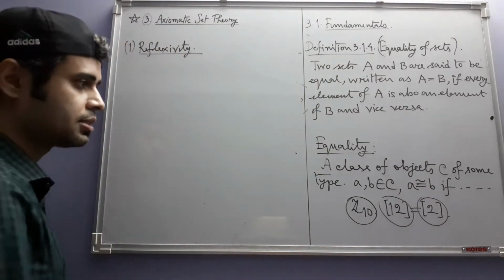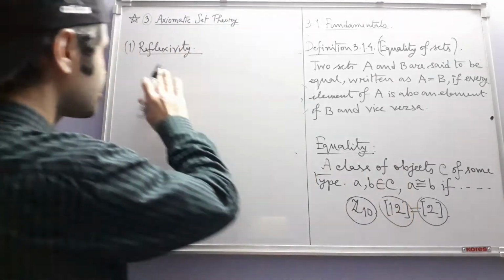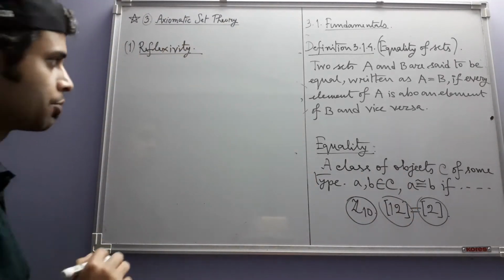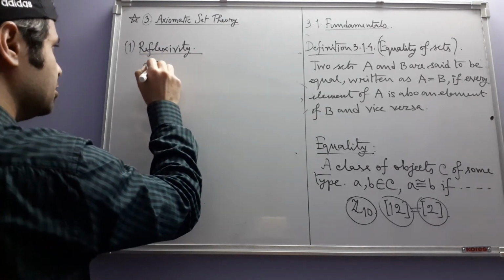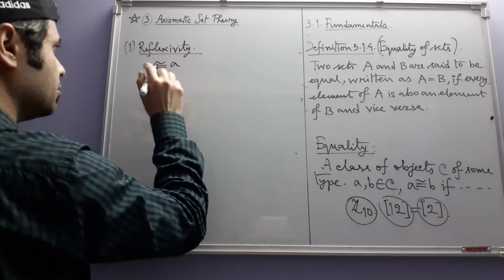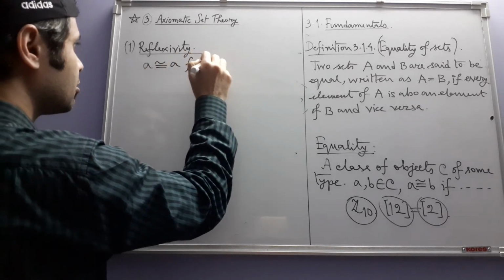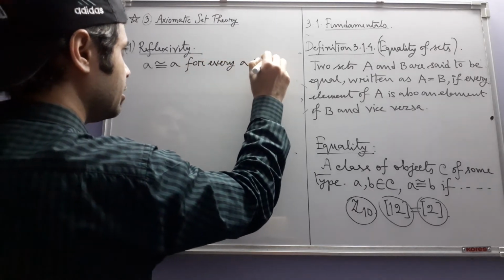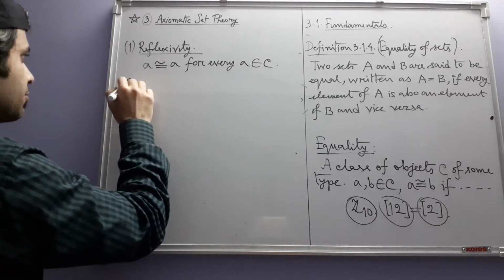So this is some definition of equality. Whatever it is, it must satisfy the reflexivity property. What that means is this: A must be equal to A, modified equal to A, for every object A in the class C. This is reflexivity.